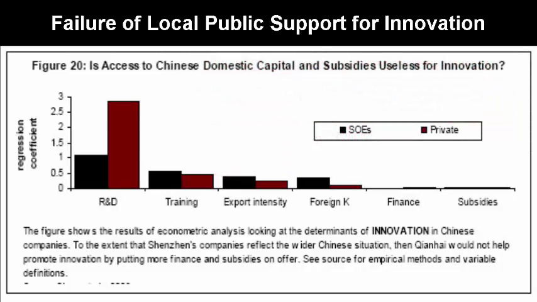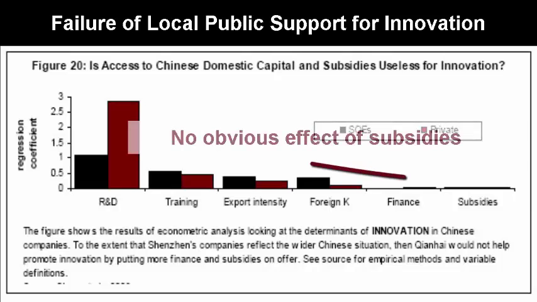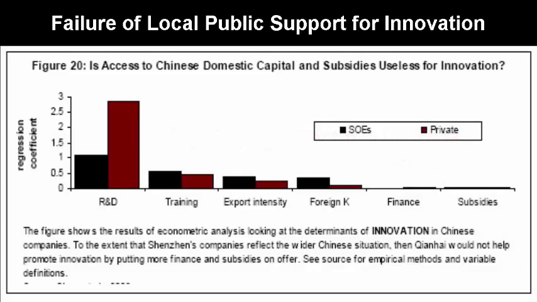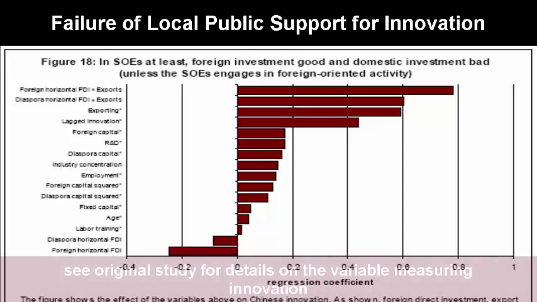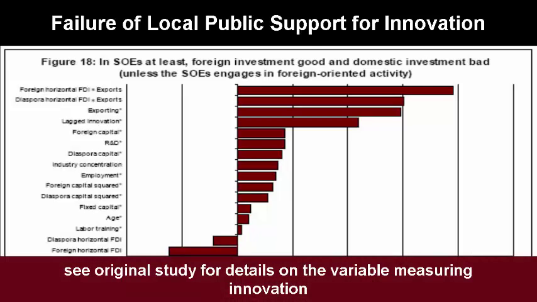Moreover, for all the talk of government support to R&D, the data suggests that government subsidies to innovation at best have no effect, and at worst actually hobble these innovative companies' ability to generate profitable new goods and services. Studies such as GIRMA point to the large-scale effect that foreign investment has had in the region in terms of promoting innovation.